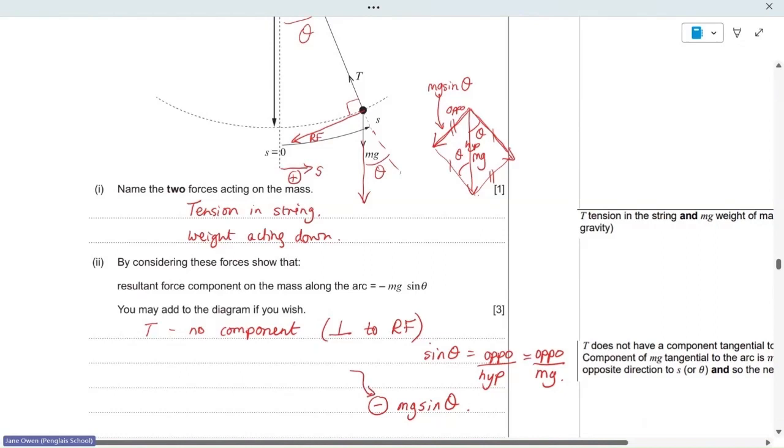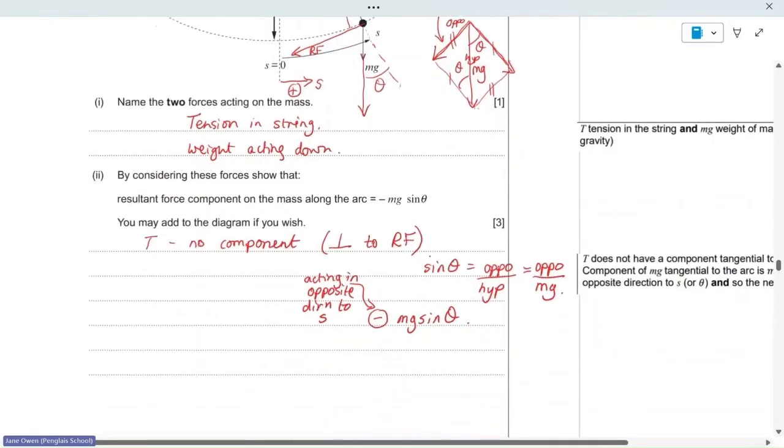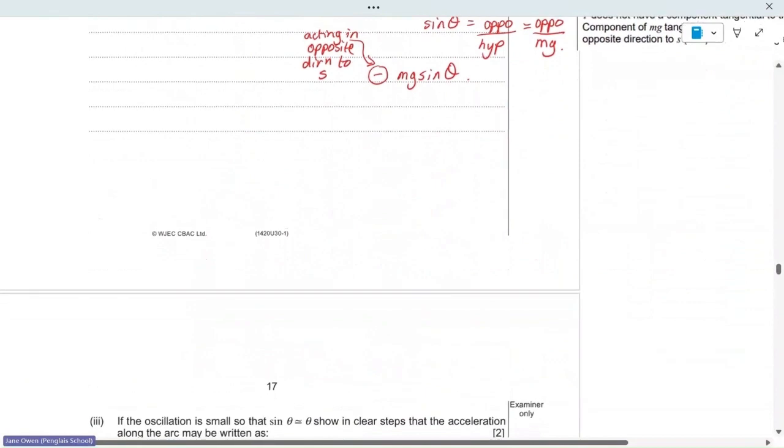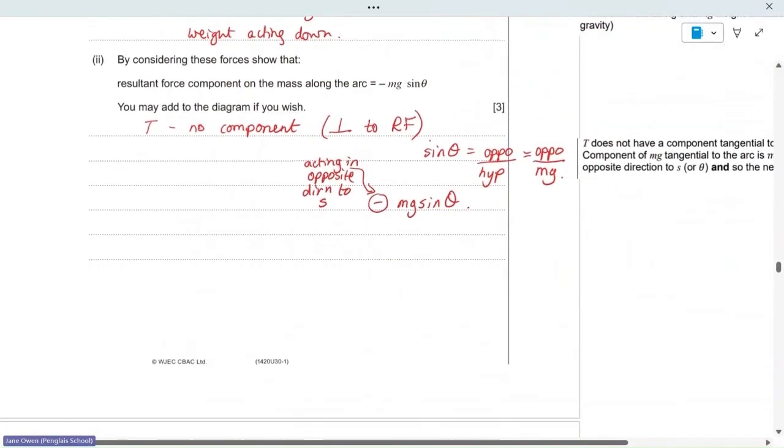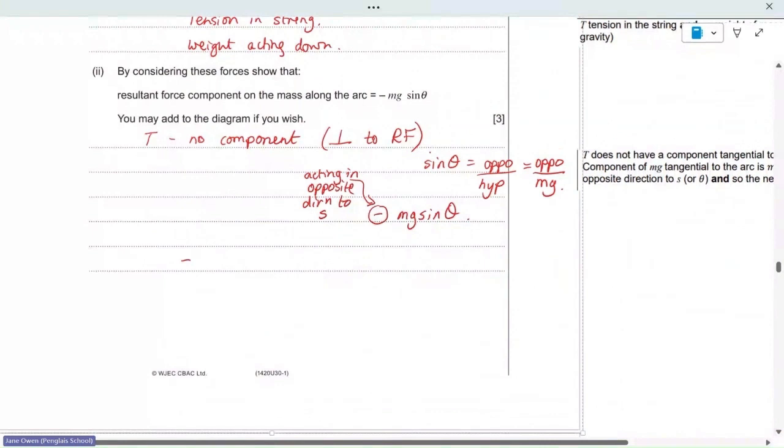It's acting in the opposite direction to s, back towards the equilibrium position as opposed to away from it to the right. So moving on, I think that answers that, because what we do now is minus mg sine theta plus 0 equals the resultant force. So it's just equal to minus mg sine theta.